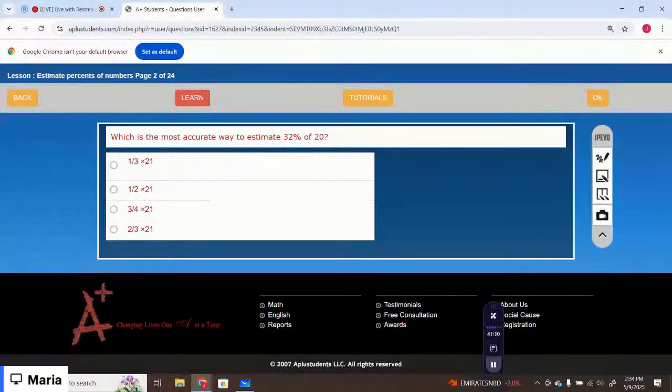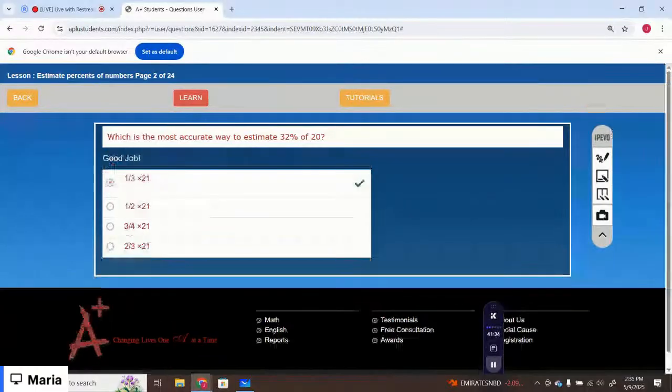Which is the most accurate way to estimate 32% of 20? 32% means that is 1/3. 20 is estimated to 21, so that is 1/3 of 21. Option number 1 is the correct option.